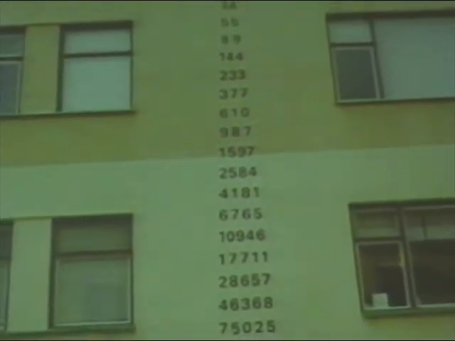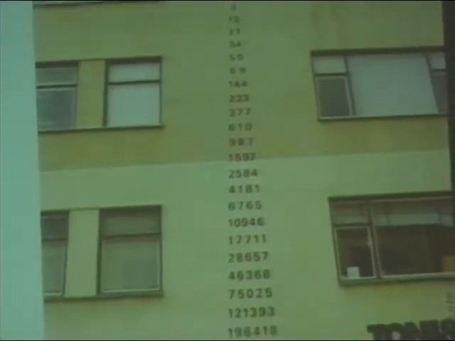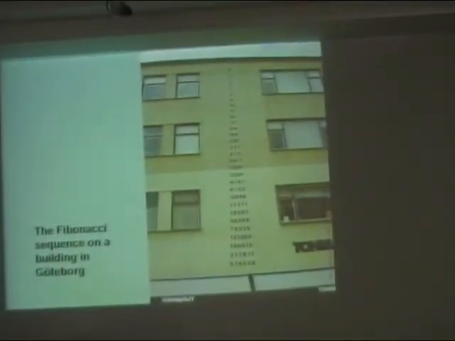Why did somebody paint the Fibonacci sequence on the side of a building? I have no idea. But it fascinates people because it is this abstract numerical sequence which manifests itself in natural forms. Hence showing that the inner side is like the outer side. The outer side is like the inner side.